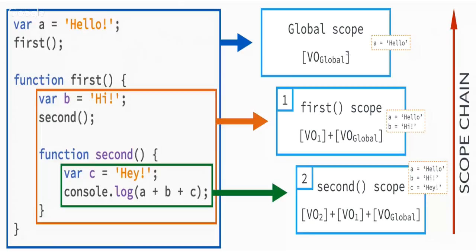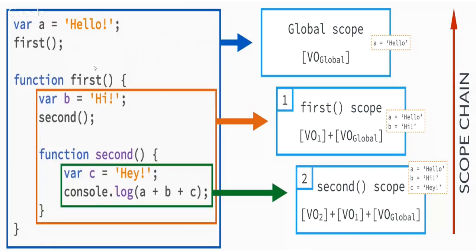In the orange box, however, right here, we have access to the b variable, which contains hi, and as well the second function. And here's a good place to see what lexical scoping means. Thanks to lexical scoping, here the first function has access to all the variables that are declared in the outer scope.